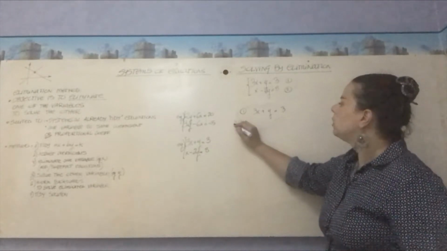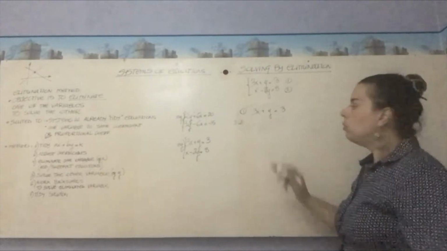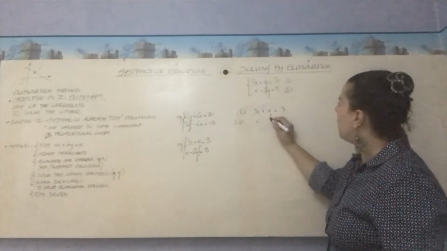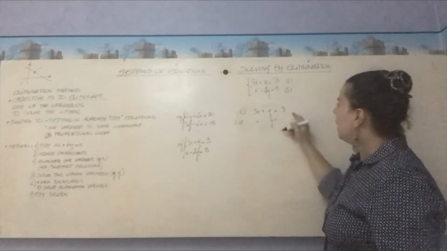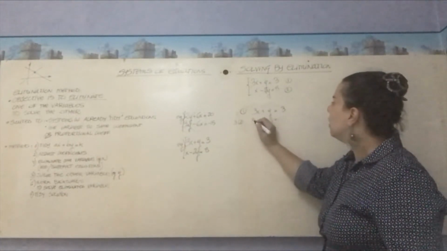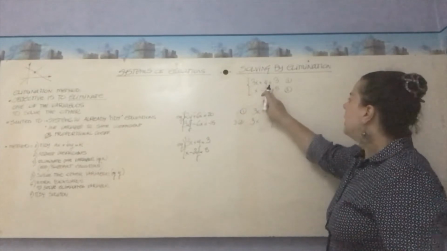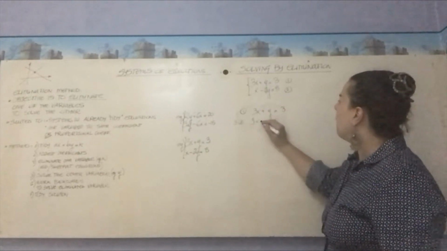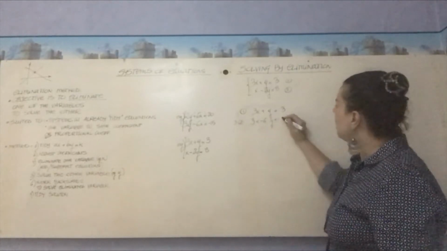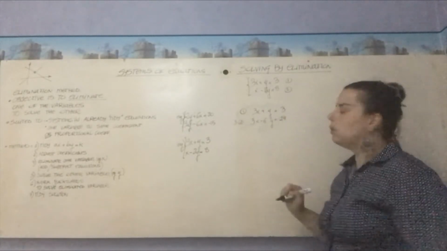I could multiply by 3. If I multiply this x here, I have to multiply the minus 2y here, and I have to multiply the constant, okay? So x times 3, 3x, minus 2y times 3, minus 6y, and 8 times 3, 24.